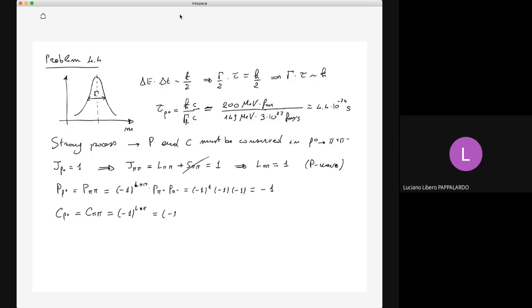And so this is simply (-1)^1, so -1. And so we can write down our result that the J P C for the rho 0 meson is 1, because the J is 1, and then minus minus.